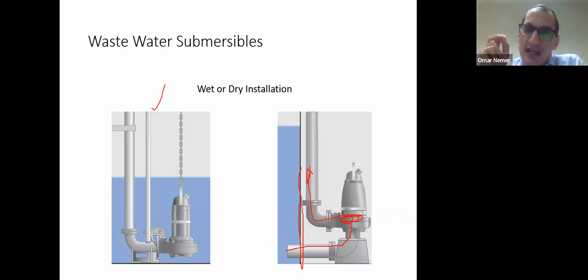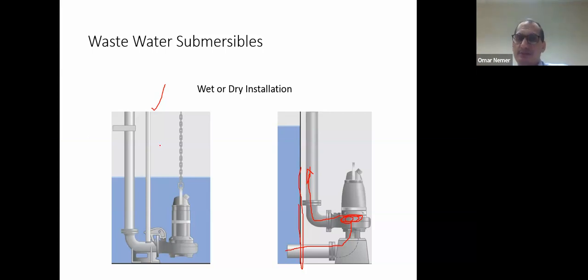The manufacturer has to tell you that my submersible pump is suitable for dry installation. And usually they say it, okay? They will tell you if your submersible pump is for wet installation or dry installation. They mention it clearly. Because for a submersible pump to work in dry installation, it has to have a good and special cooling system.